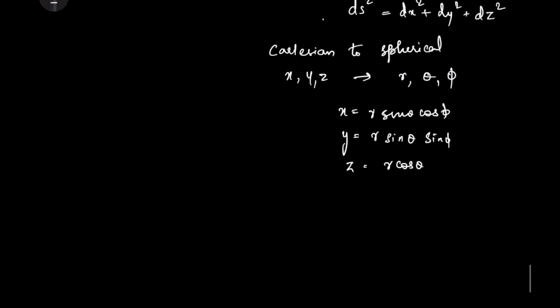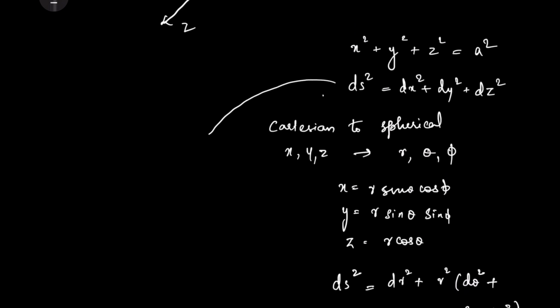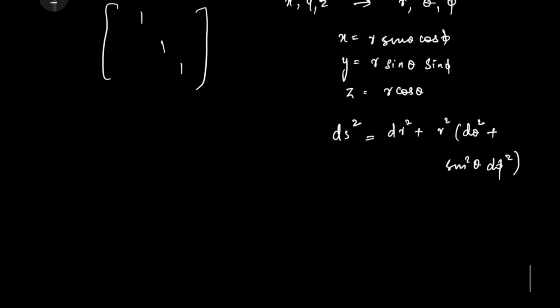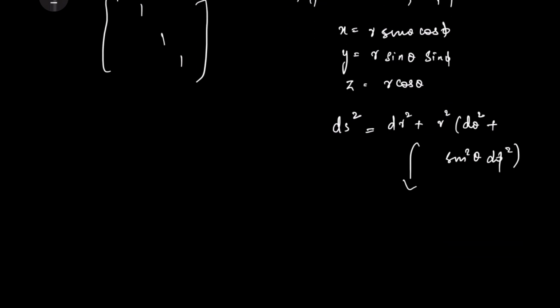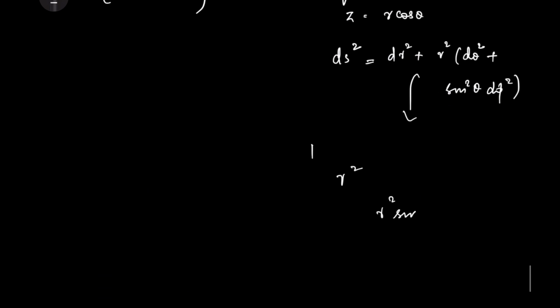Now if you try to describe ds square, then it will be dr square plus r square d theta square plus sin square theta d phi square. But if you write the fundamental metric tensor from here, then you will get 1, 1 and 1, right? But if you take the fundamental metric tensor from here, then you will get 1, r square and r square sin square theta. So here there will be a confusion.